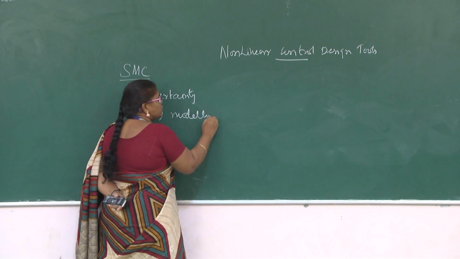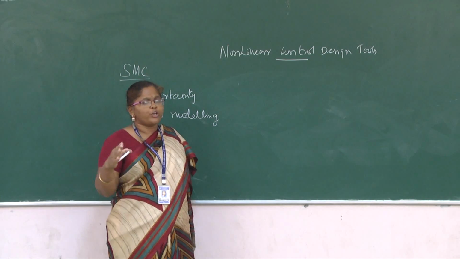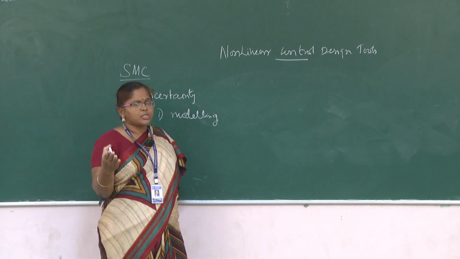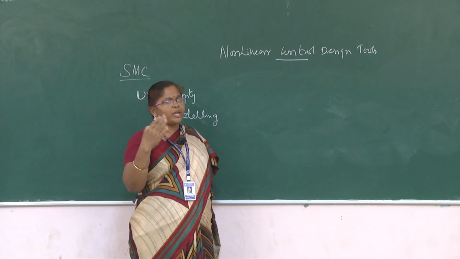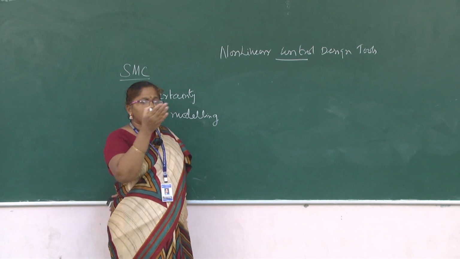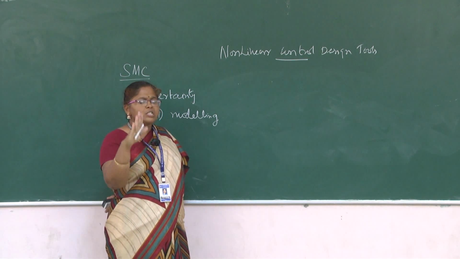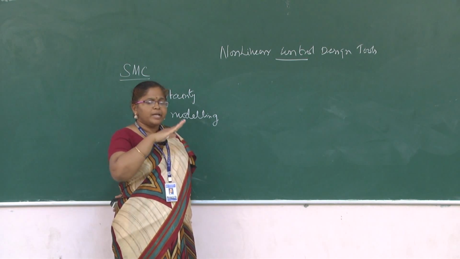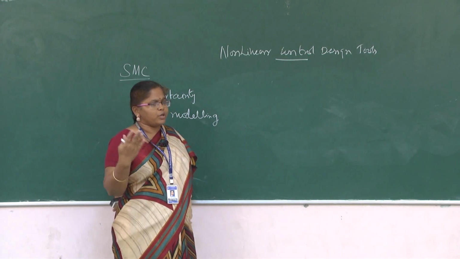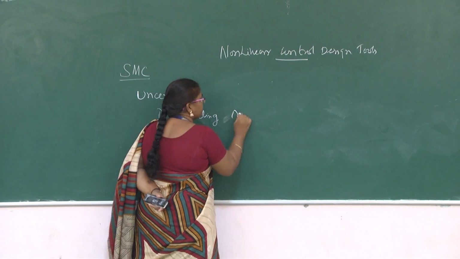And one more thing is, whenever we design any system, if a system has n number of variables, then it leads to an nth order system. But generally we cannot solve an nth order differential equation. There we have to convert a higher order system into first order with time delay. Whenever you go for first order with time delay, definitely it neglects or hides lots of non-linearities. So I can call it modeling inaccuracy.